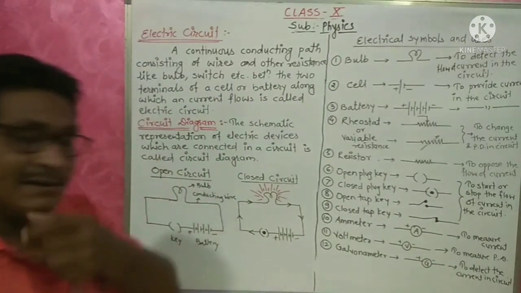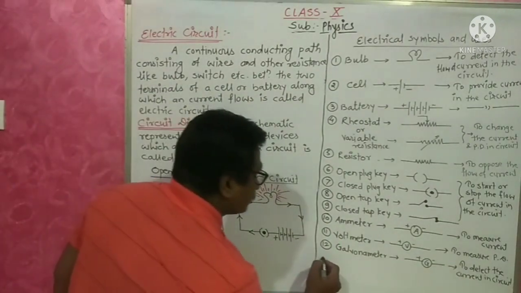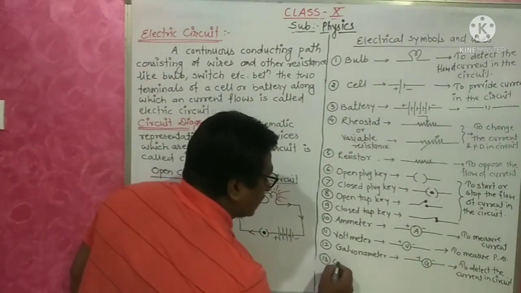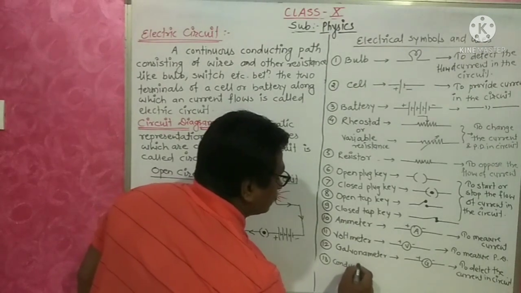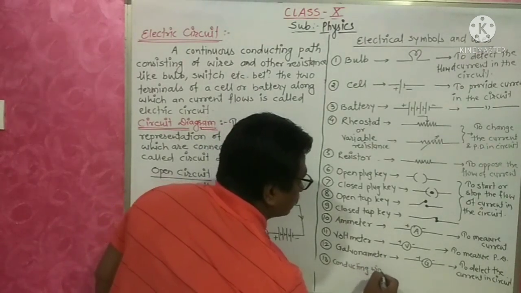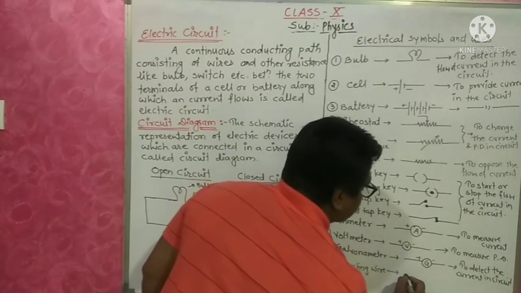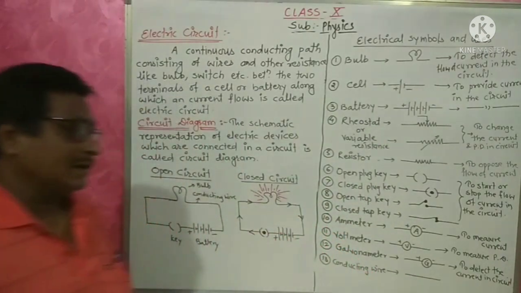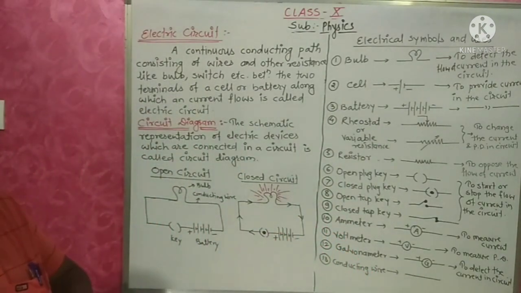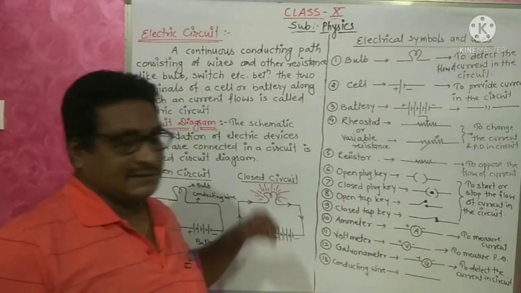To detect the current in the circuit. Conducting wire. This is the conducting wire to connect the appliances.